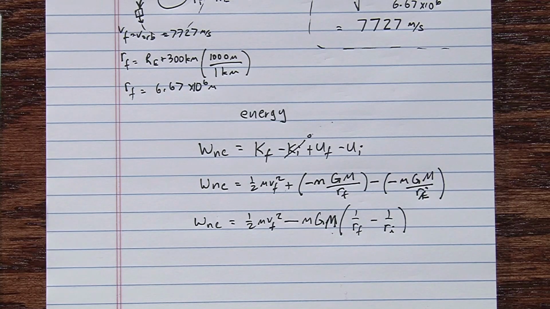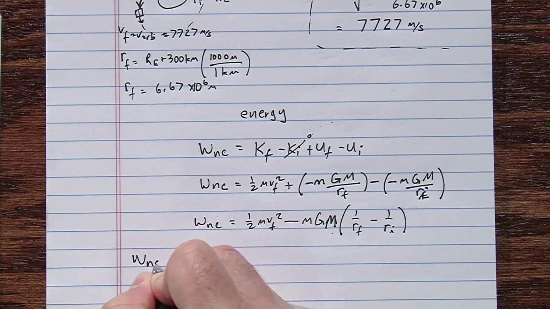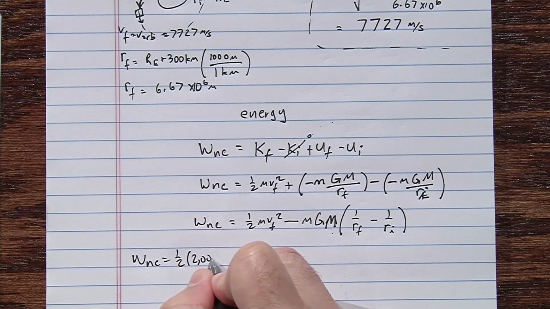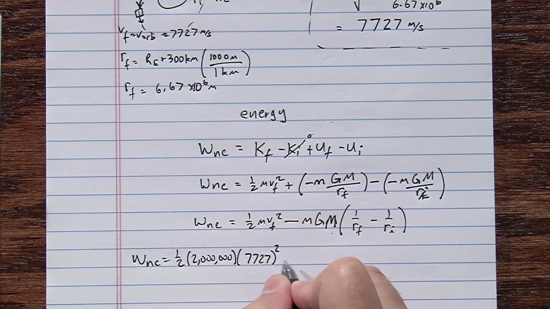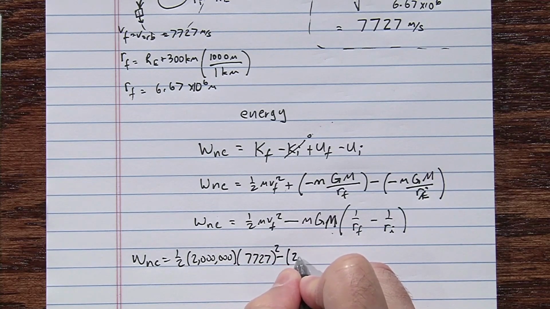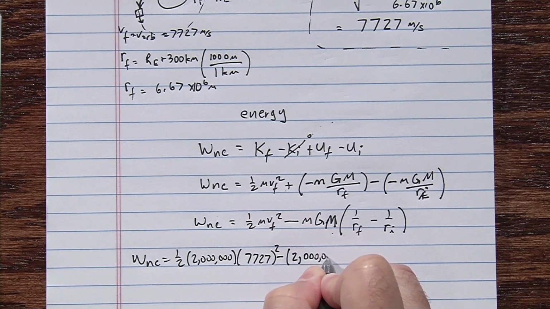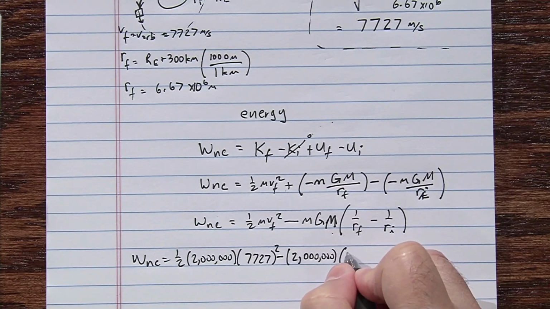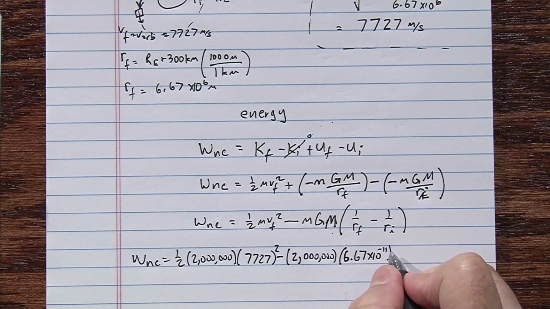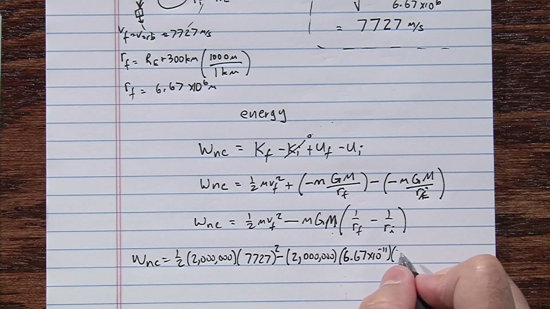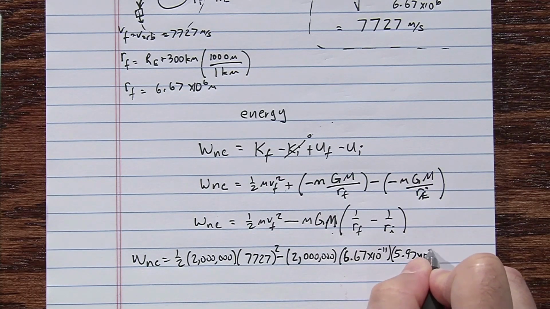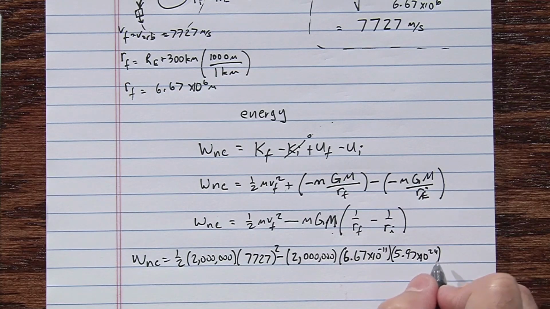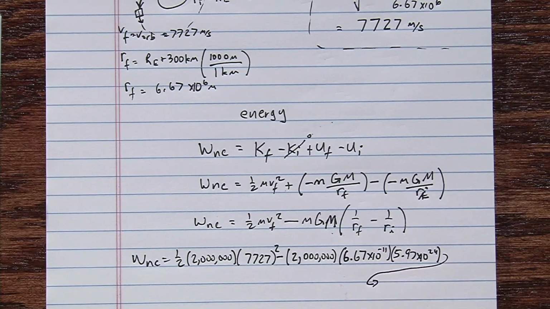But now we have to do our calculations. Work non-conservative is equal to 1/2 times 2 million times V final squared, 7727 squared, minus the mass of the shuttle, which was 2 million, times big G, which is 6.67 times 10 to the minus 11, times the mass of the Earth, 5.97 times 10 to the 24, and then times 1 divided by R final.